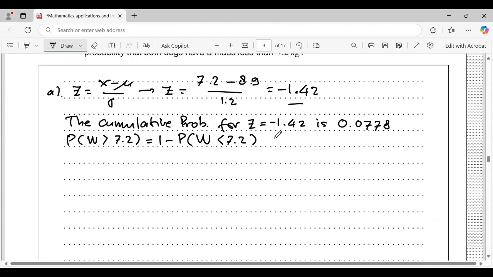So it's going to be 1 minus 0.0778 equals 0.9222, or in percentage, 92.2%.